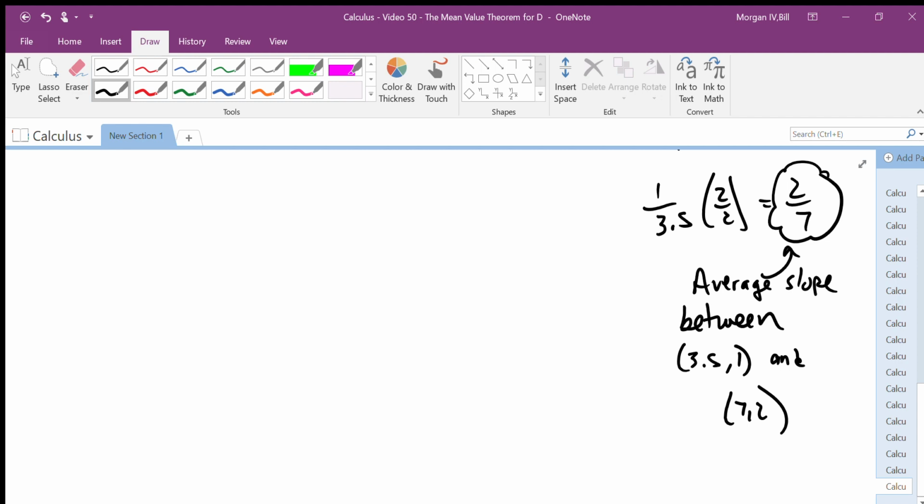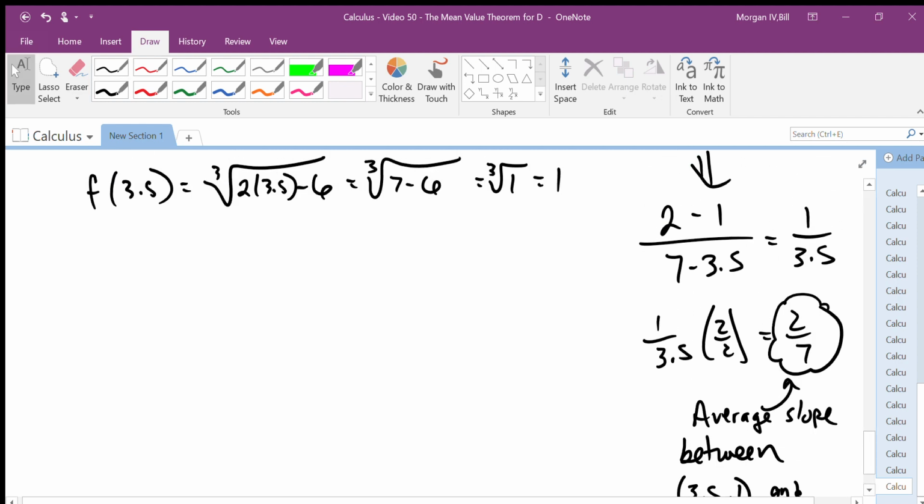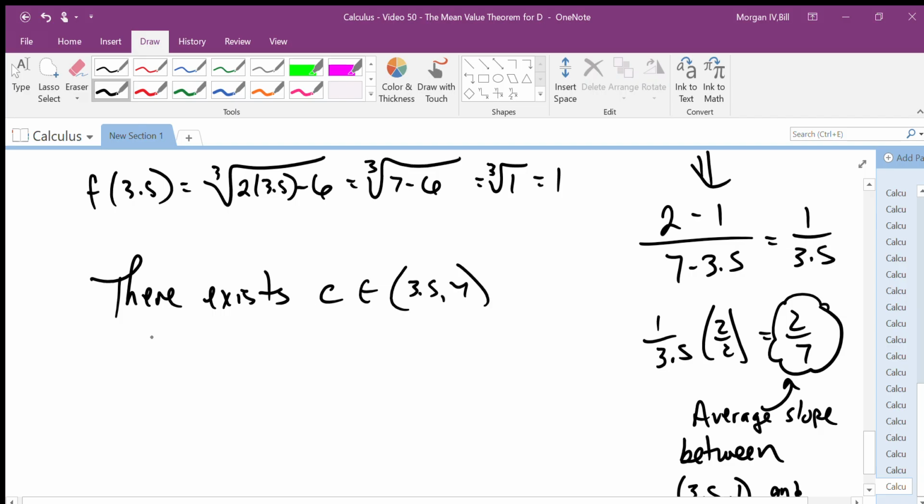Either way you look at it, the slope is 2/7. By the mean value theorem, we are guaranteed that there exists c in the interval 3.5 to 7 such that f prime of c is equal to 2/7, equal to that average slope.